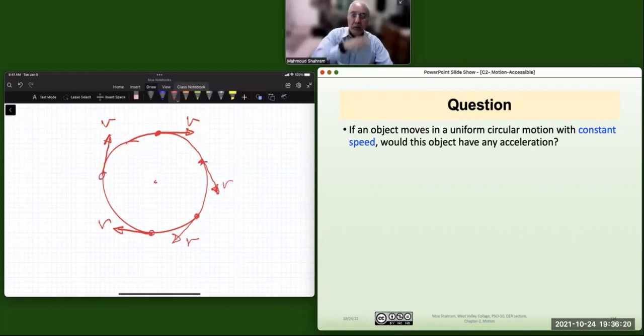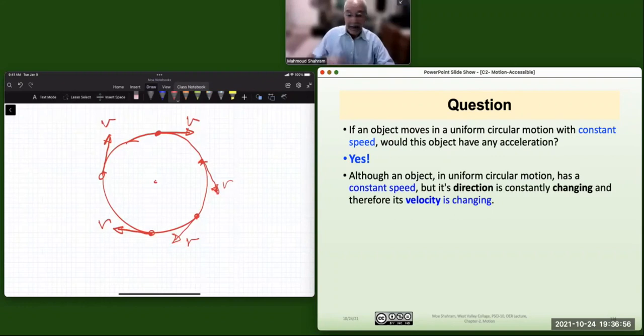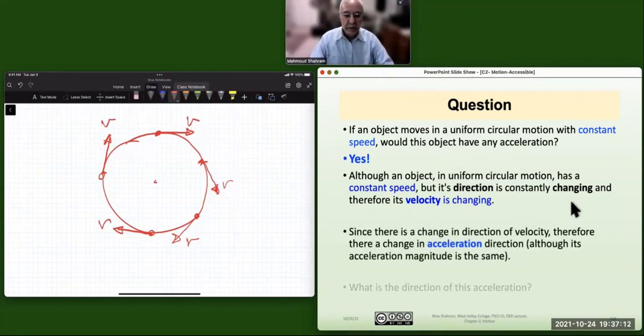Now, it could be moving in a uniform or constant circular motion. There's a lot of application for that. But because the velocity direction is changing, there's a change in velocity, therefore we have an acceleration. Magnitude could be the same, but if the direction changes, you also have acceleration. We do have acceleration in this case.